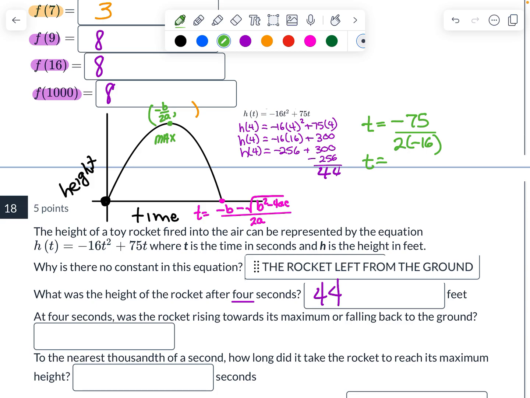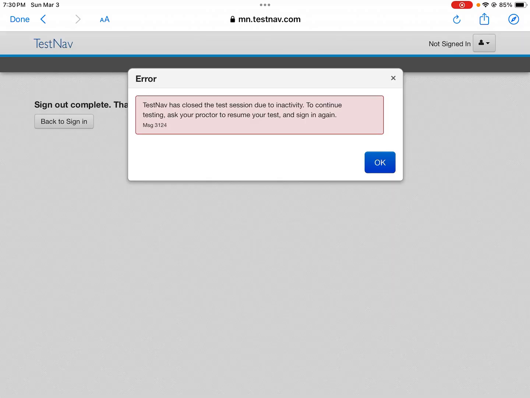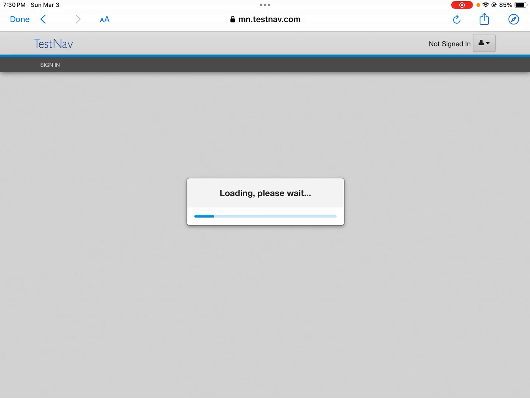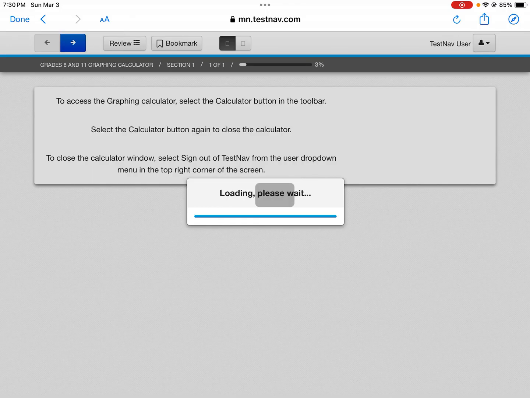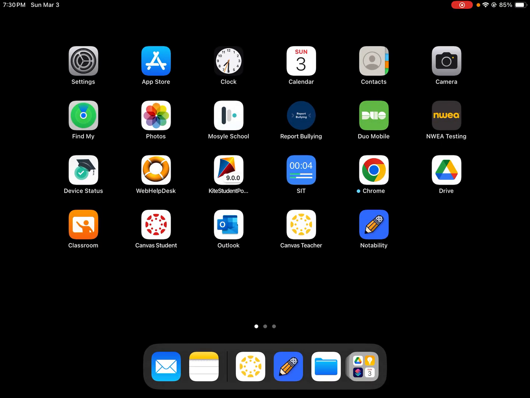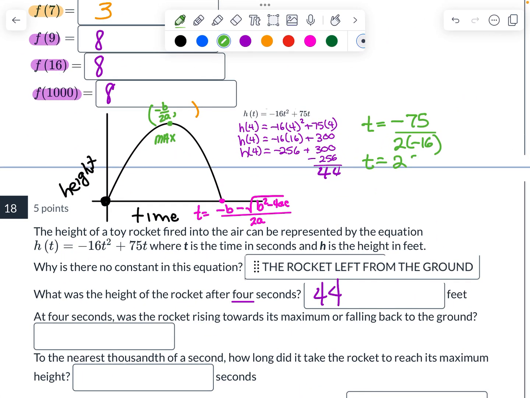So 75 divided by 32. So 2 something. 75 divided by 32 is 2.34375, is what the calculator said.